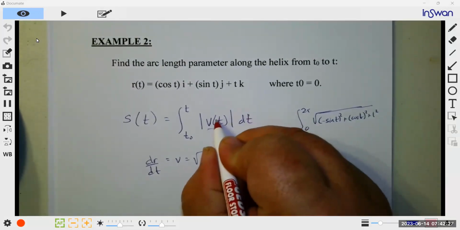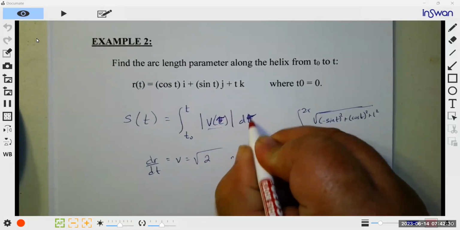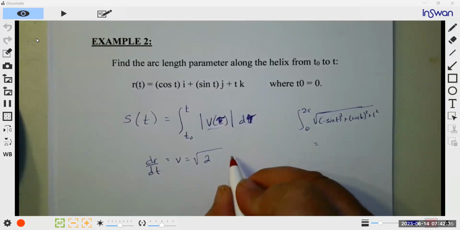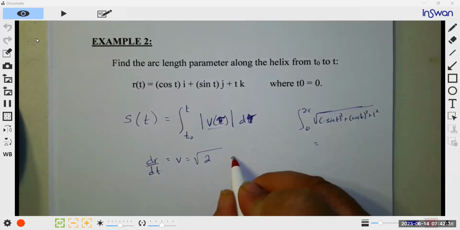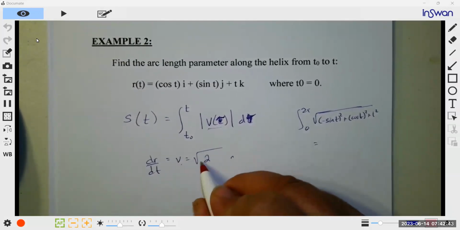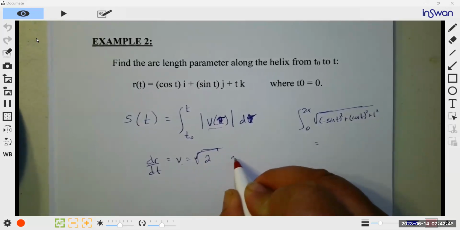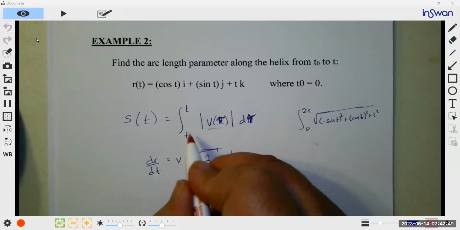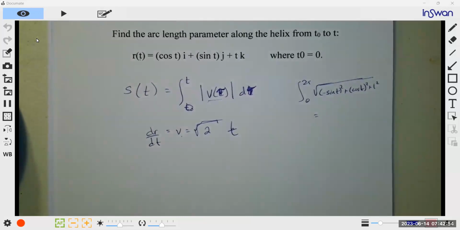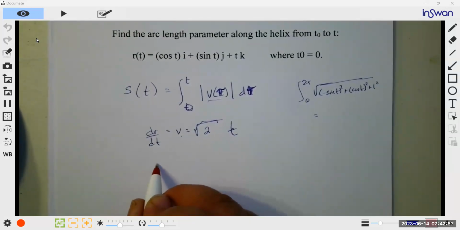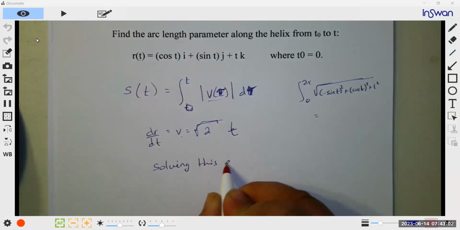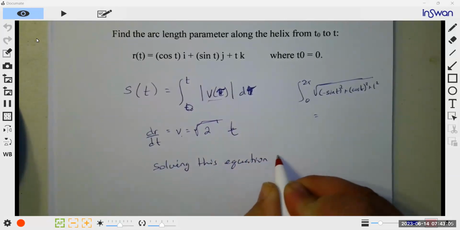But we can't use t, we have to use tau. So our velocity became radical 2, and integrating from 0 to t gives radical 2 t. Now we have to solve for t.